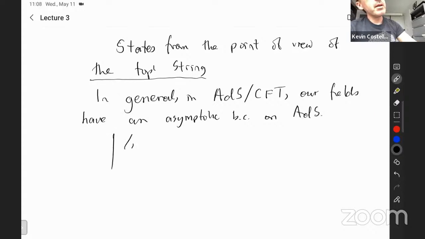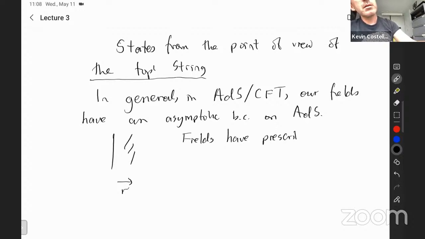So suppose we write ADS in Euclidean signature as like the upper half plane, then roughly the fields one wants to consider have some prescribed pole in the radial parameter.